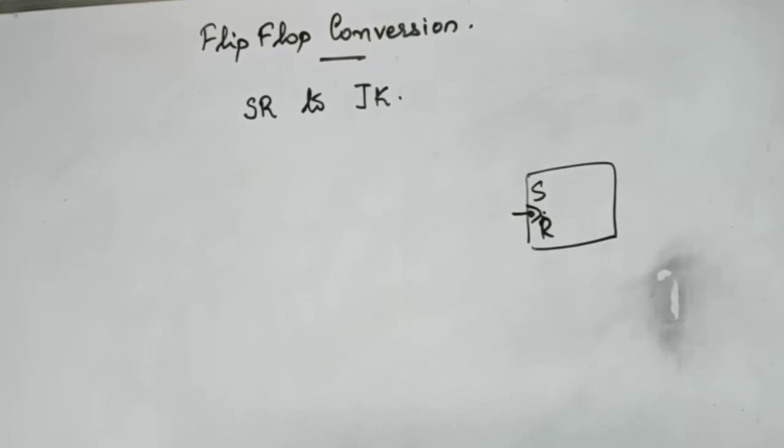So what you want is the truth table of JK flip-flop from an SR flip-flop. So how will you get that? You have to give some values to S and R so that this SR flip-flop will work as a JK flip-flop.